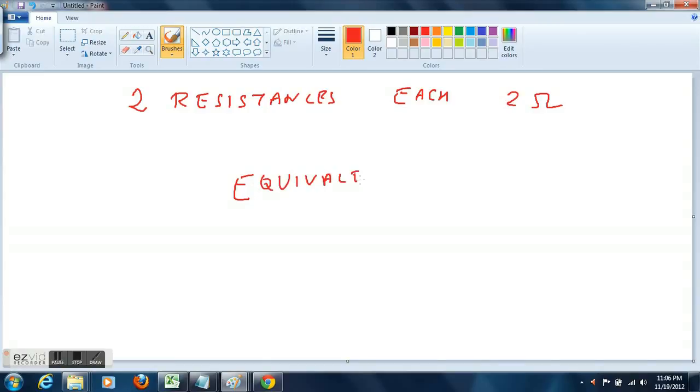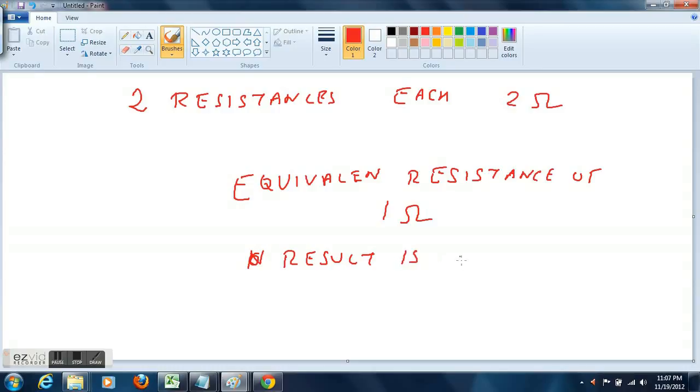So equivalent resistance is 1 ohm. So definitely it is only possible when we connect resistances in parallel, because in series always it will be added. Only in case of parallel connection we know that the net resistance will always be less than any individual resistance.